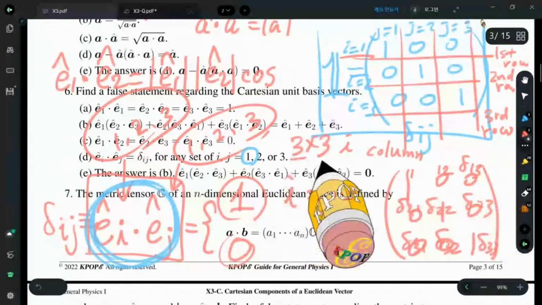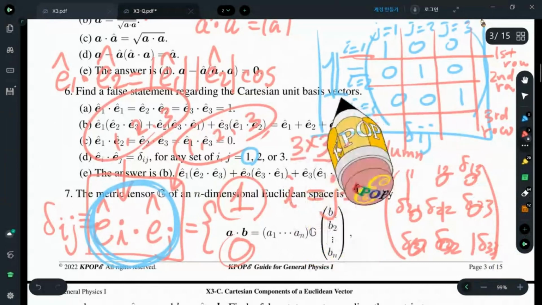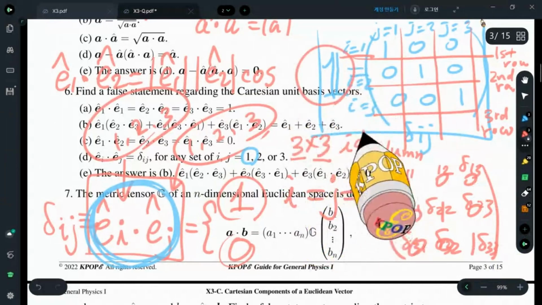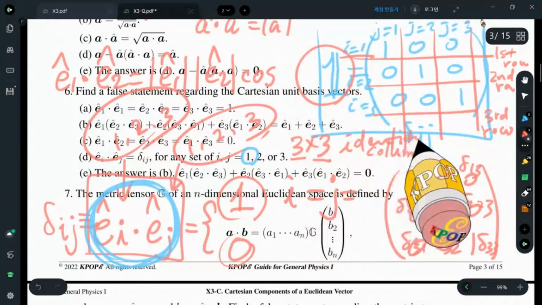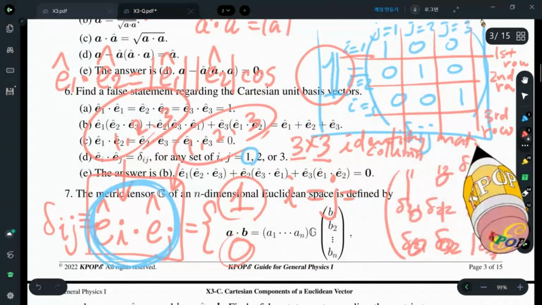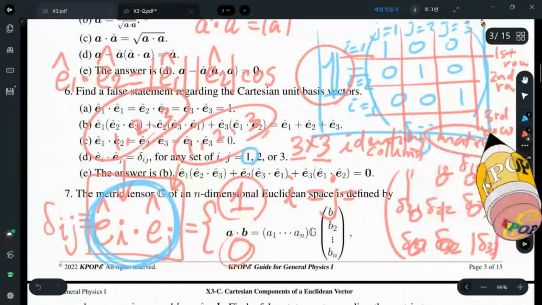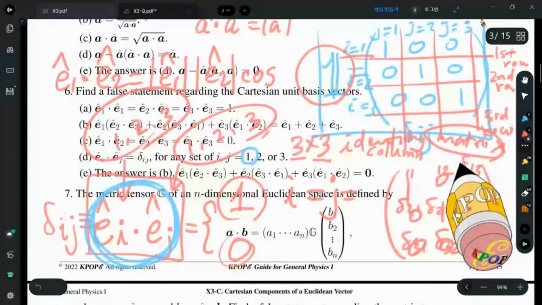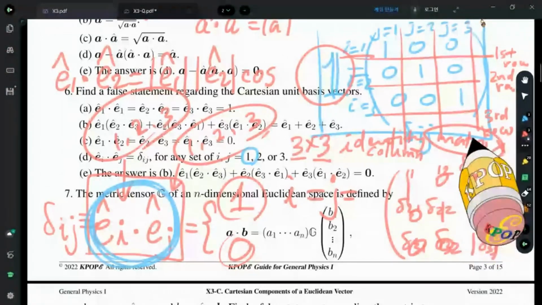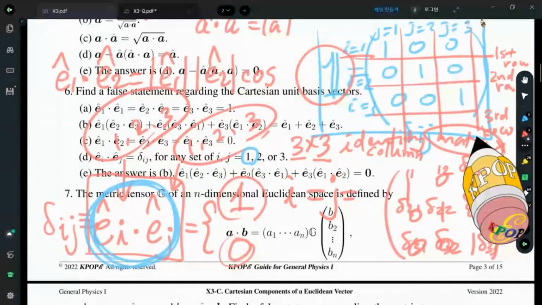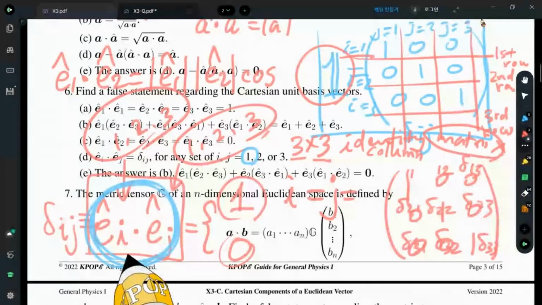So the 3 by 3 identity matrix. This is the origin of a matrix. The origin of the matrix is just a multiplication table of unit Cartesian basis vectors. Understood?